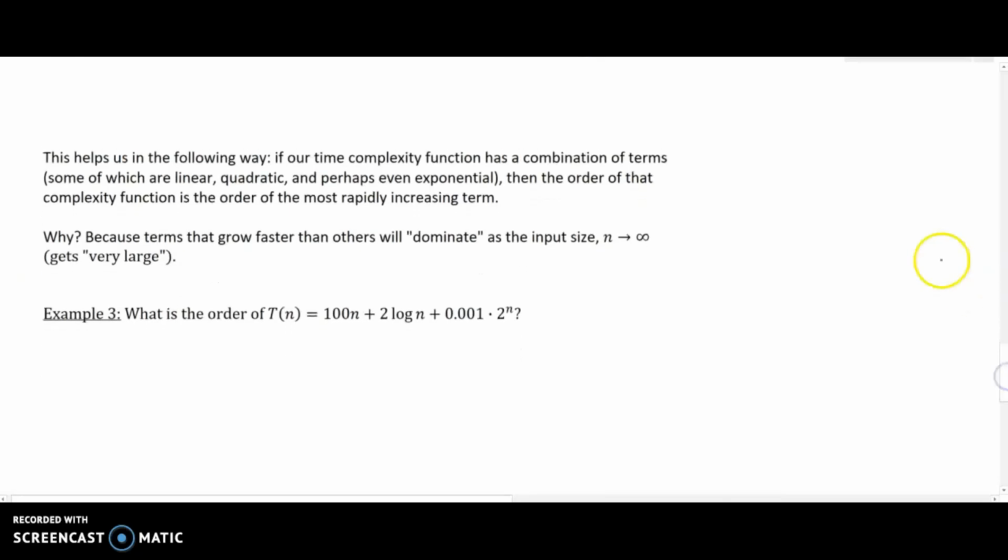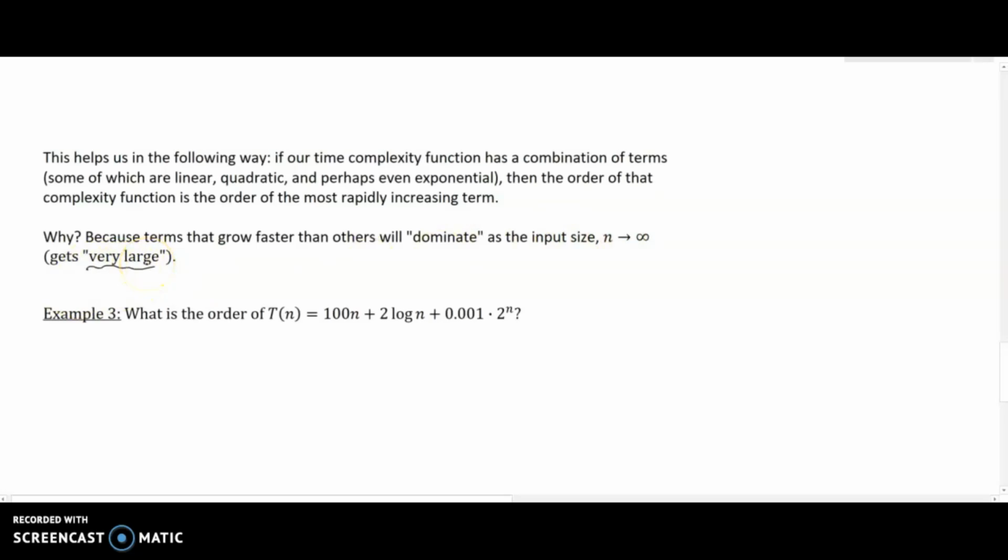Well, a lot of times our time complexity functions have a combination of terms, some of which are linear, some of which are quadratic, perhaps even exponential. Then the order of that time complexity function is the order of the most rapidly increasing term. Why? Because terms that grow faster than others will dominate as the input size n approaches infinity. That is, we mean gets very large. So we're doing this long run analysis.